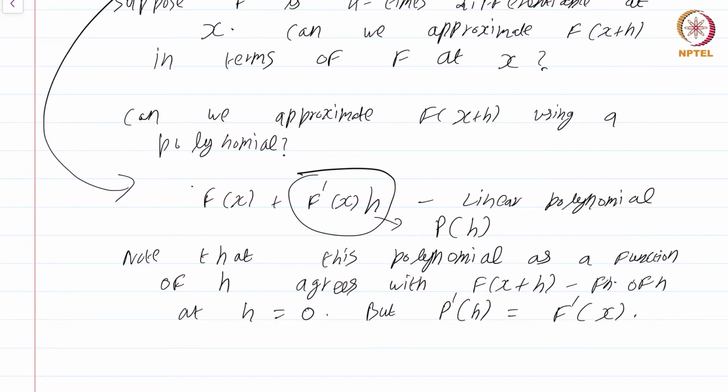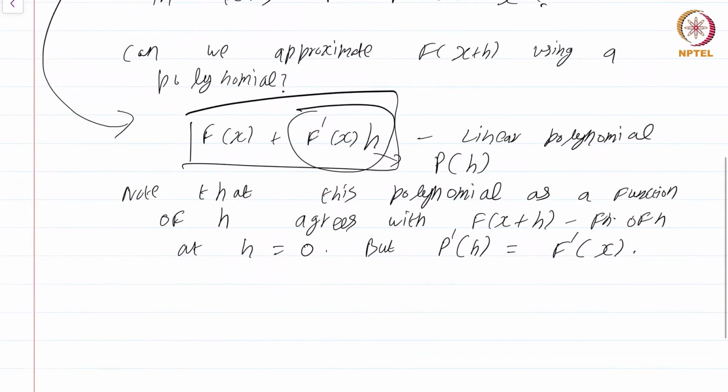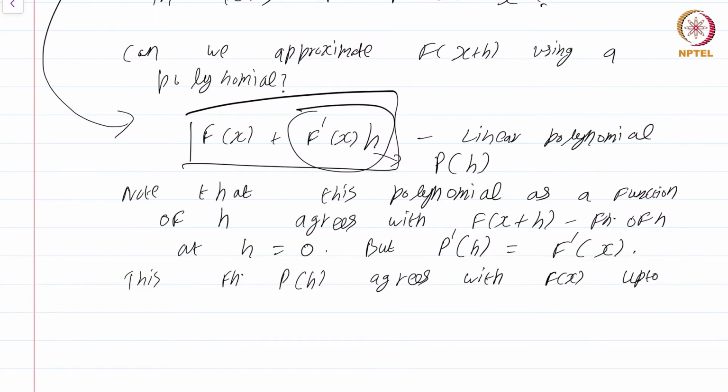Because when you differentiate this with respect to h, this f of x term vanishes, and for f prime x h, the derivative is just f prime x. So this function p of h agrees with f of x plus h up to order 1 at h equal to 0.